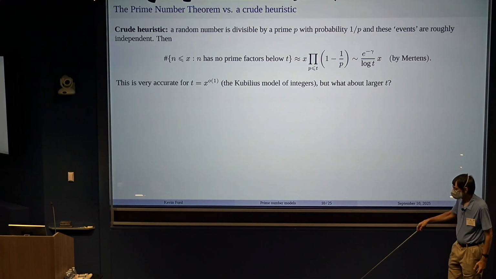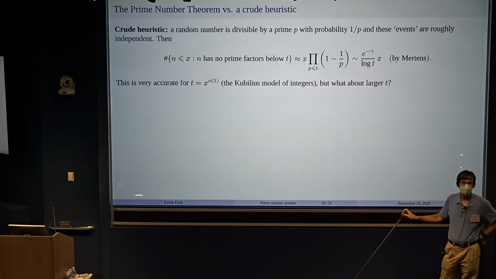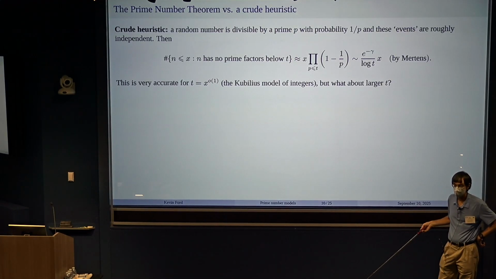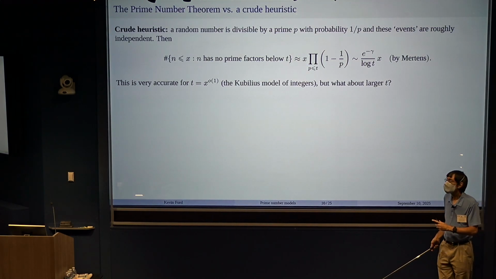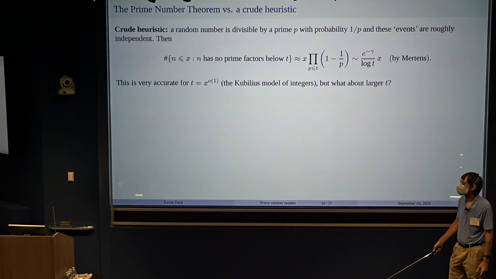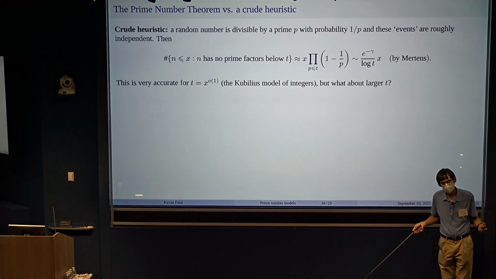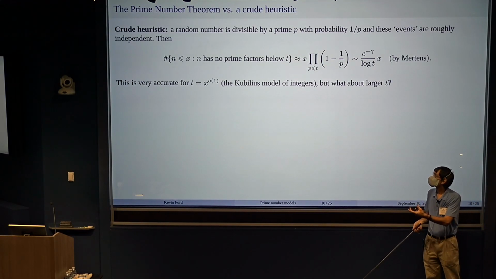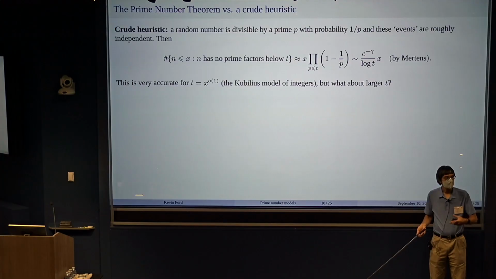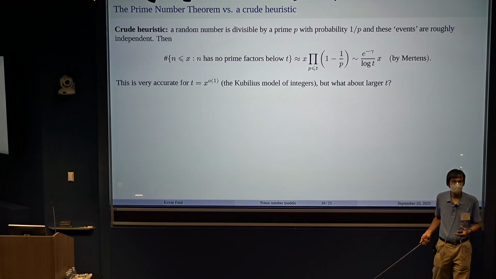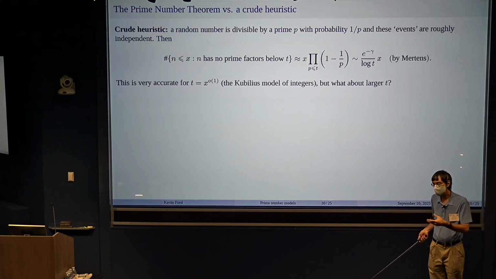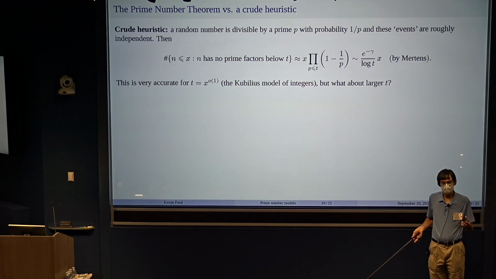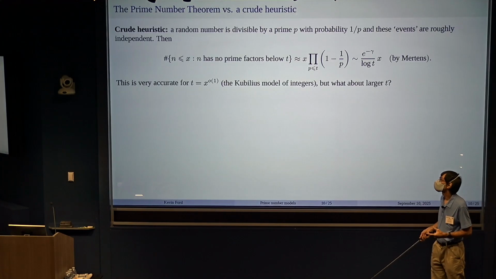Now, we care about estimating how many integers remain when we finish with this process. So there's a crude heuristic. And the crude heuristic is that if you take a random number and you take, let's say, a small prime p, the probability that that number is divisible by p should be about 1 over p. And if these primes are not too big, these events should be independent.